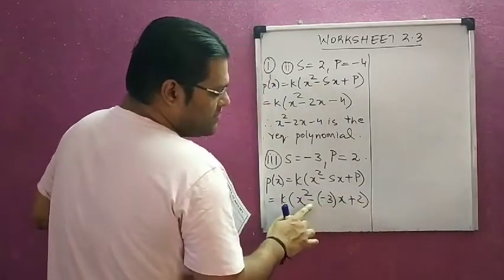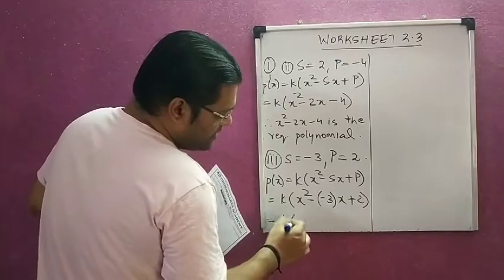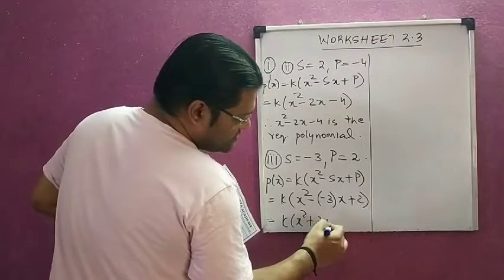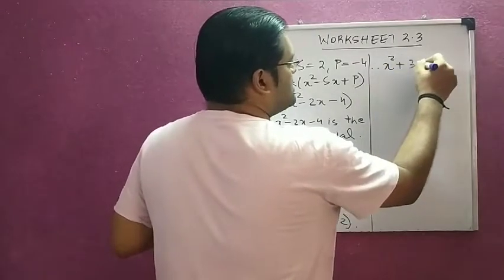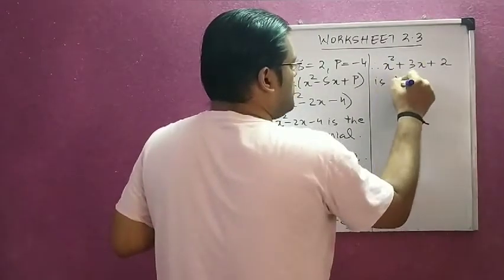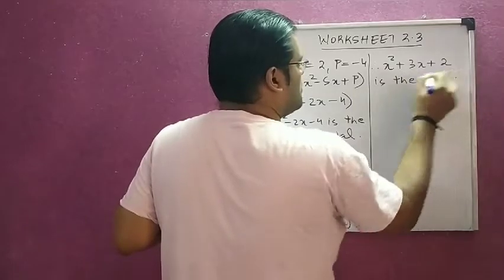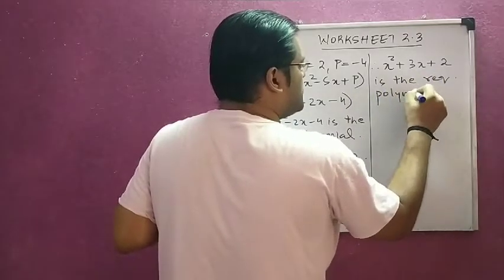The minus and the minus of the formula will be k x square plus 3x plus 2. Therefore, I can say x square plus 3x plus 2 is the required polynomial.